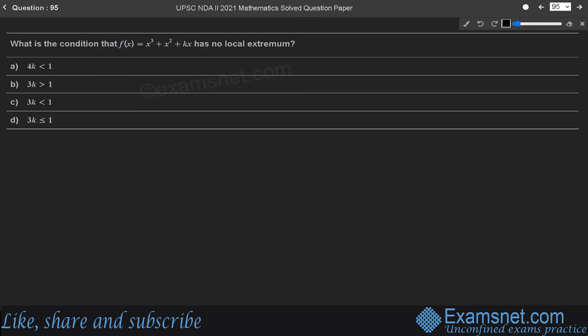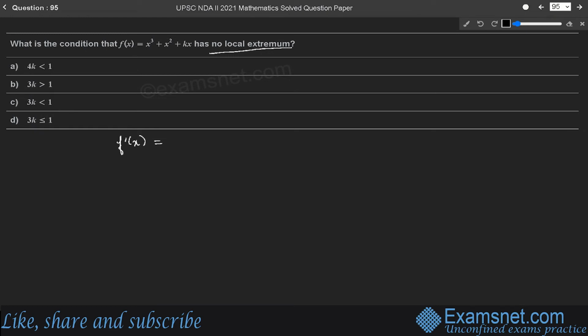Next question is, what is the condition that f of x is equal to x cube plus x square plus kx has no local extremum? It is a very interesting question. No local extremum means that it will not have any local maxima or local minima. So first let us find f dash x.